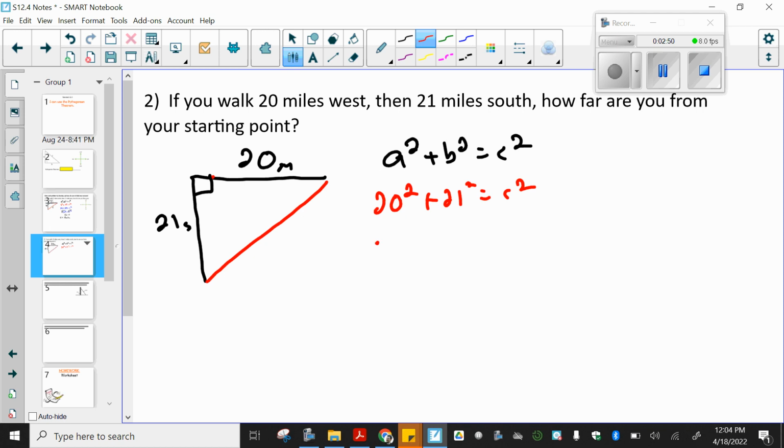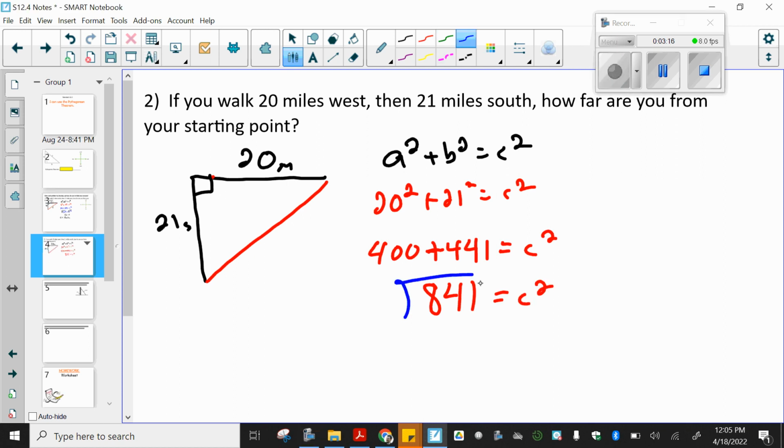20 squared is 400. 21 squared, that's not one of the ones we've done before, but I can find it in my calculator super easy. I can do 21 times 21. Gets me 441. If I add these together, I'm going to have 841 equals c squared.